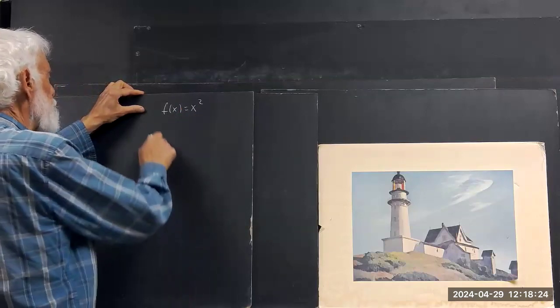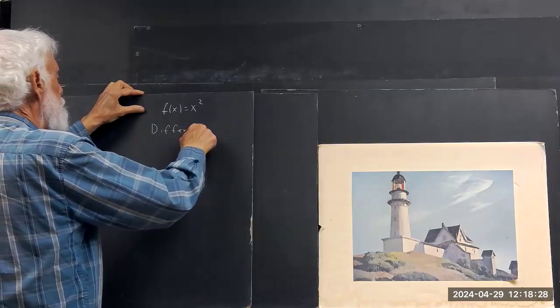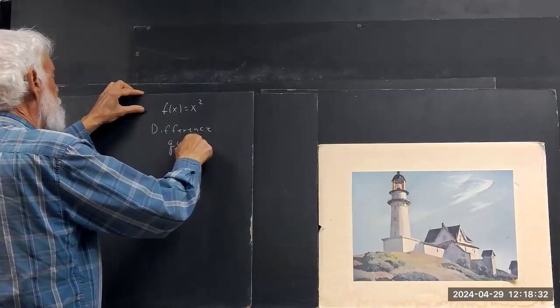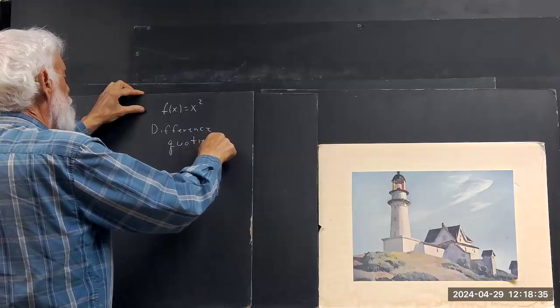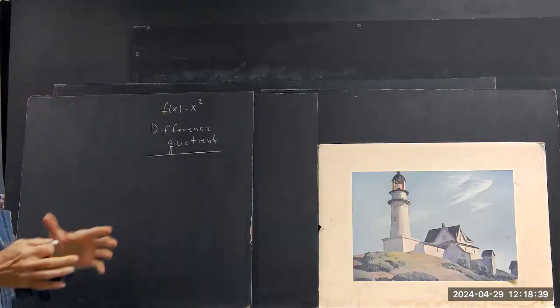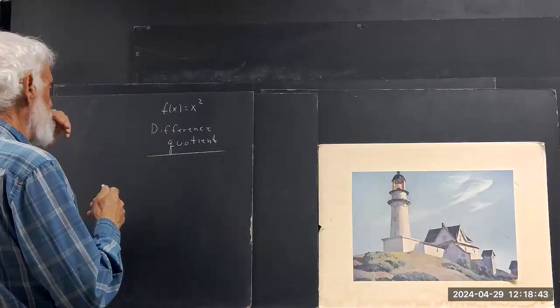Okay. I'm going to show you the difference quotient. This applies to any function, not just the x squared function, but the x squared function is the one that I like to start with because it's simple enough, but there's some important ideas around it. Okay.